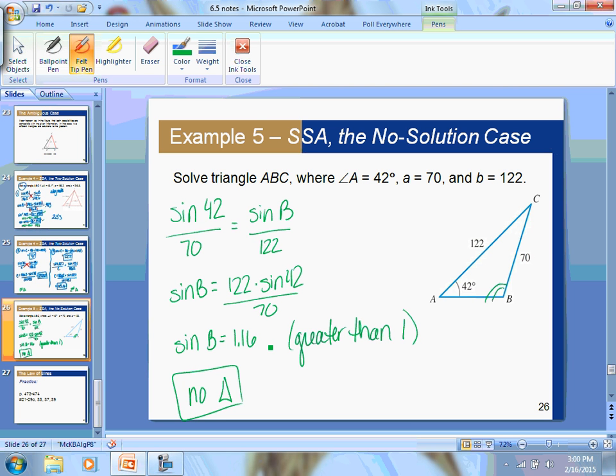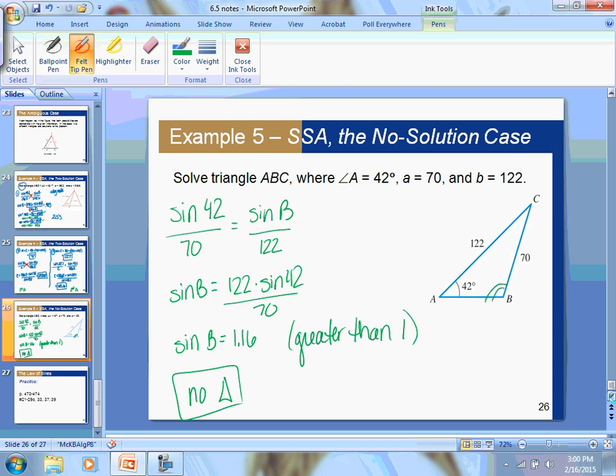If it's less than 1, then you need to check and see if you have 2 triangles or 1 triangle that you're dealing with. So between this day of notes and the 6.5 day 1 notes, you have an example for all 3 of the ambiguous cases.